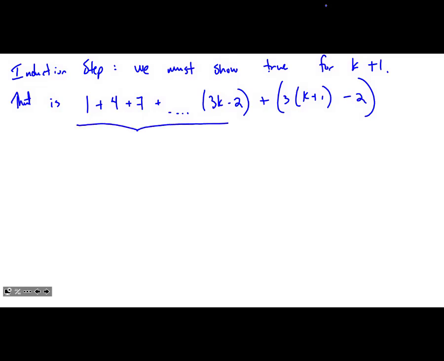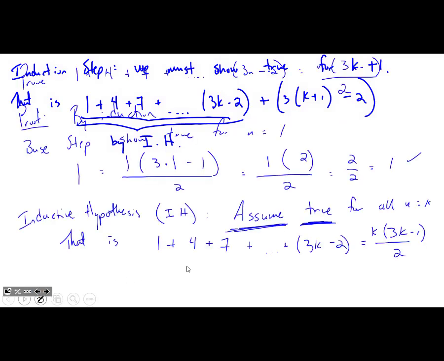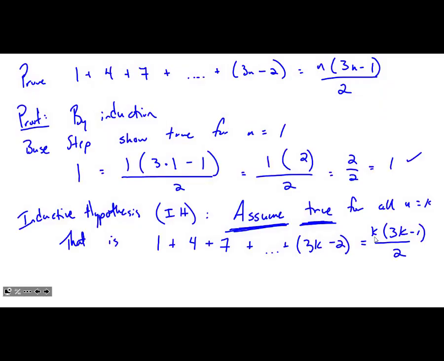So this right here is my inductive hypothesis. So by the inductive hypothesis, what does 1 plus 4 plus 7 all the way out to 3k minus 2 sum up to? Well, by the inductive hypothesis, this sums up to k times 3k minus 1 over 2.